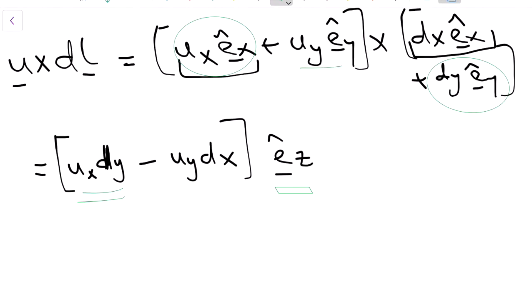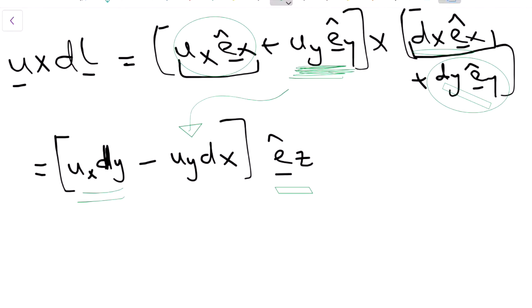Then we get uy ey times dx ex, which gives this term here, uy dx, but minus ez, because ey cross ex gives minus ez. And then the last term, uy ey crossed with dy ey, gives 0, because they are parallel.